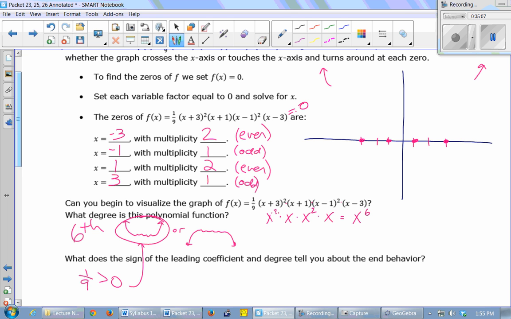So if I fill this in from left to right, I've got to come down from the end behavior towards this 0 that happens at -3. And the fact that that 0 at -3 has even multiplicity, what does that tell me about what the graph is going to do there? It's going to hit it and go back up. So this is going to come down towards my 0 at -3, hit it, and go back up.